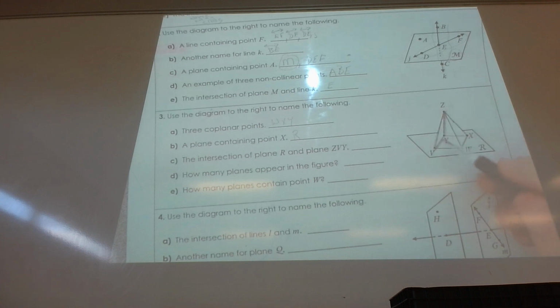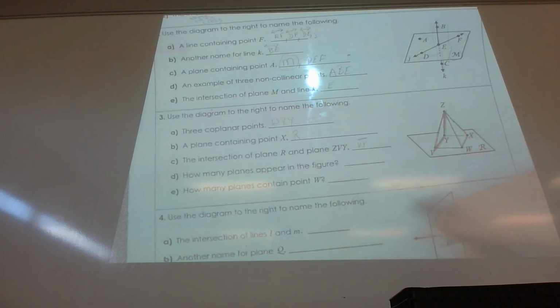Well, it crosses at this line segment, because this line segment is on that plane. So it is VY. And so we would put VY, because that entire line segment is on the plane. So it's not just the 2 points, that entire connection of VY is there. So we need the line segment symbol.